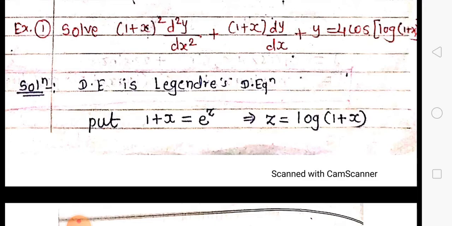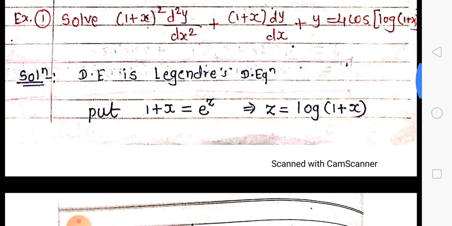Example: solve (1+x)^2 d^2y/dx^2 + (1+x) dy/dx + y = 4 cos log(1+x). Comparing with the standard form of Legendre's equation, this is an equation of order 2, where ax+b is 1+x.